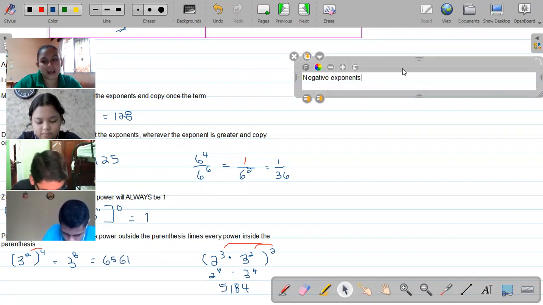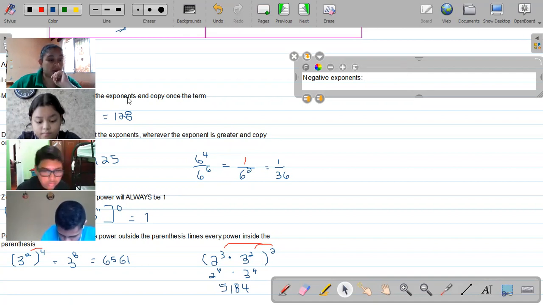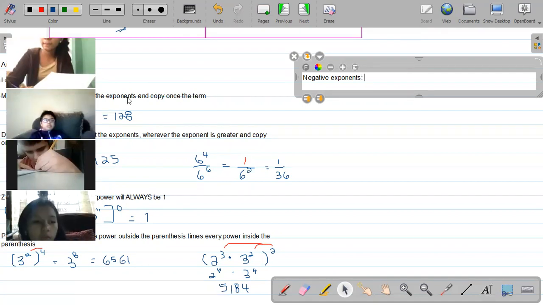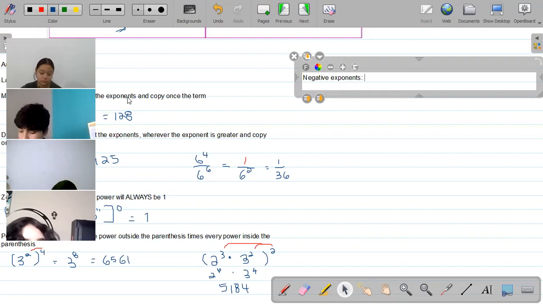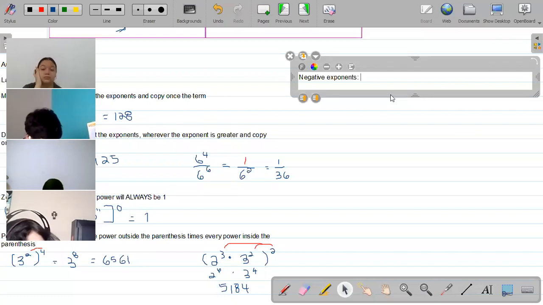Okay, what does a negative exponent tell you? Remember, in math, in every single school year, we're going to find negative exponents. Jose Fernando, your camera. But for us, it's going to be easier to work with positive exponents, okay? We will always like to work with positive exponents.